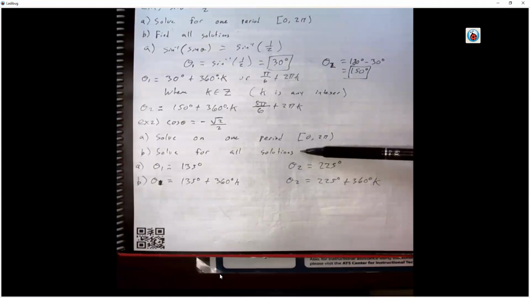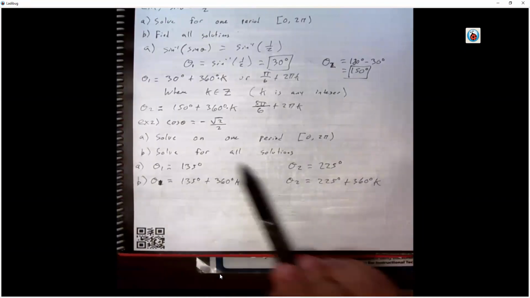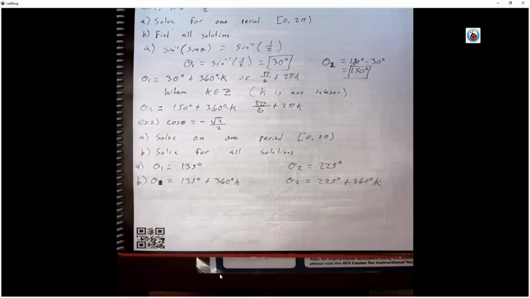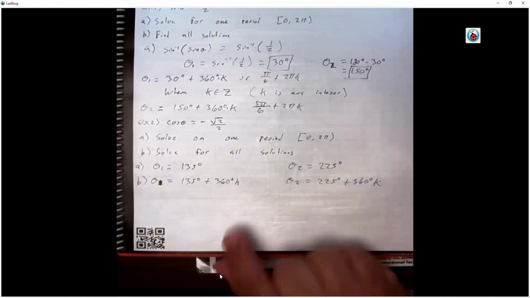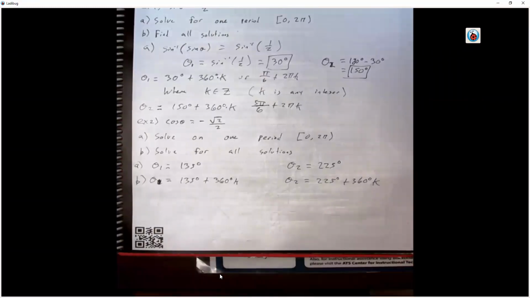So on part B, we tack this on to account for every single one in the negative and positive direction. It's always going to be plus 360 for sine and cosine. Sometimes there's an alternate option that also works, but 360 is the safest choice, and it's going to be fine.